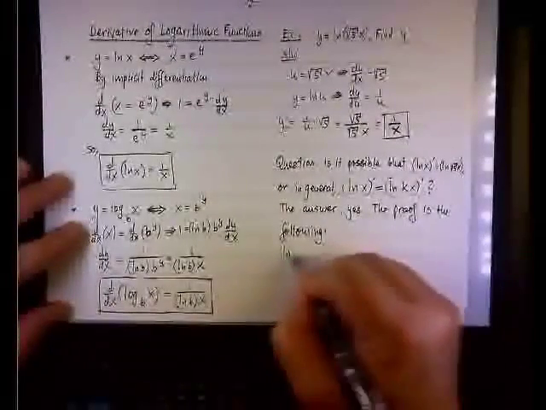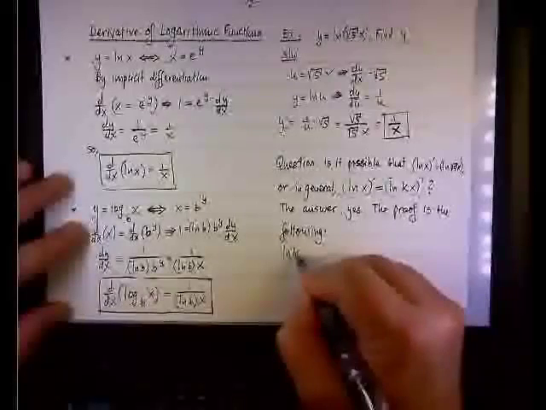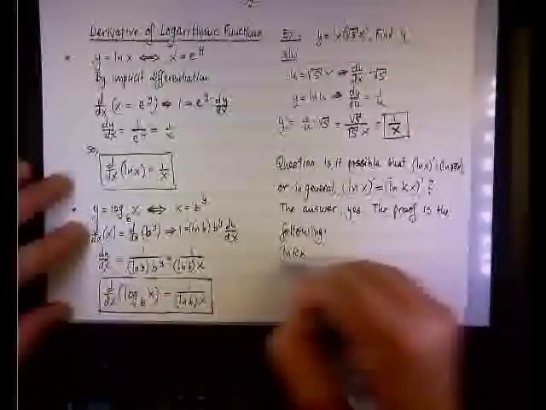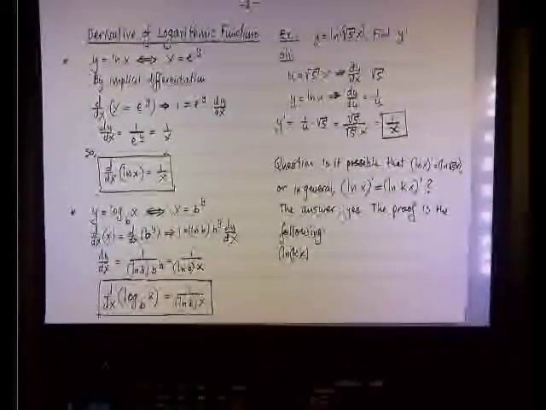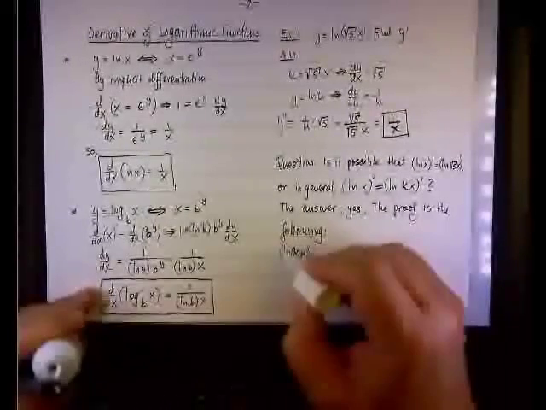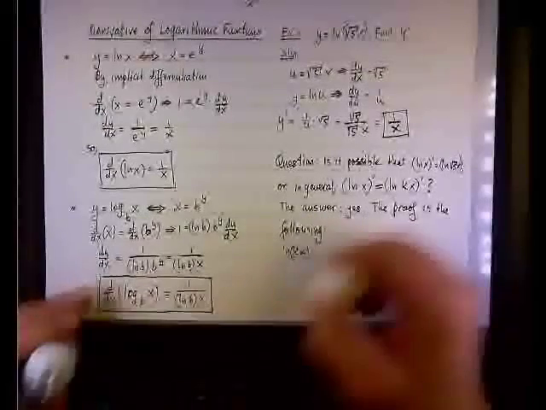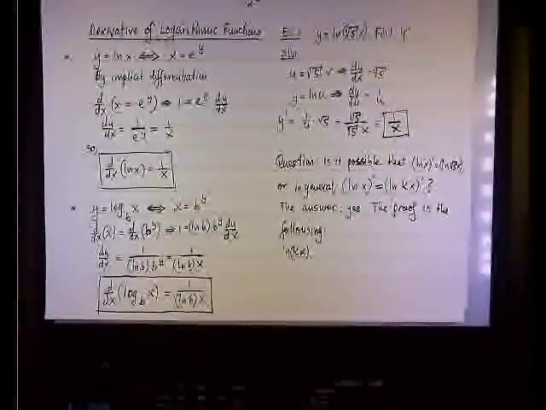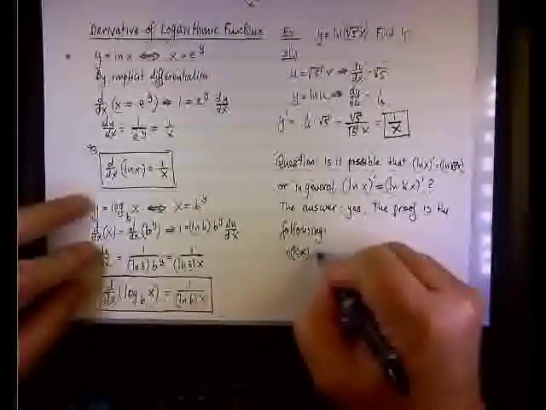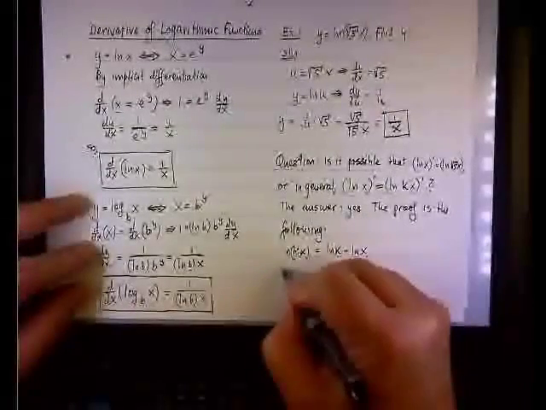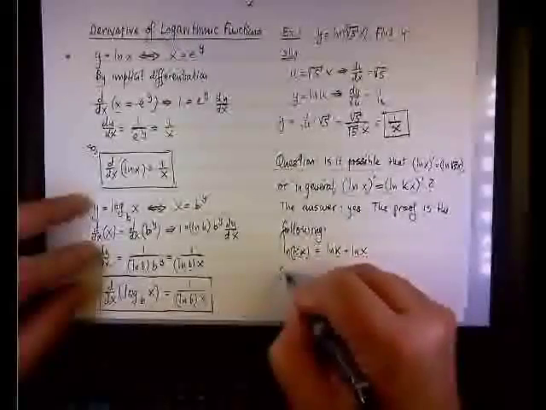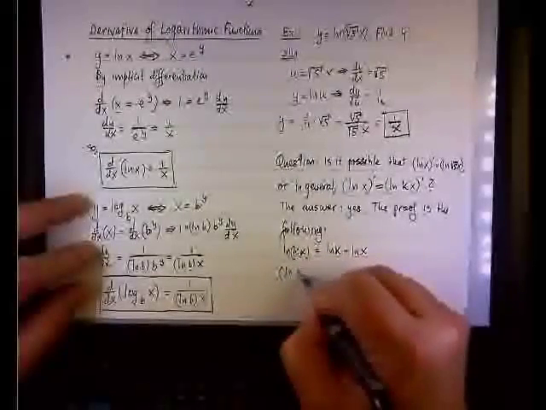If you look at the natural log of kx, remember that rule, the natural log of the argument kx, the logarithm of a product is the sum of logarithms. Remember that rule from algebra? Okay. So it will be the natural log of k plus the natural log of x. Now take the derivative of the natural log of kx, like so.